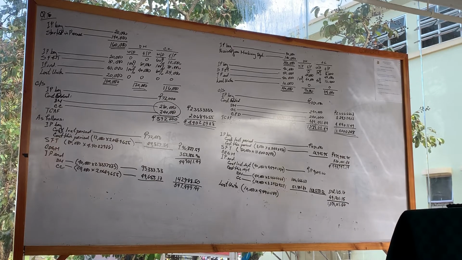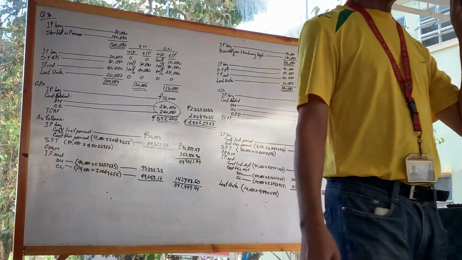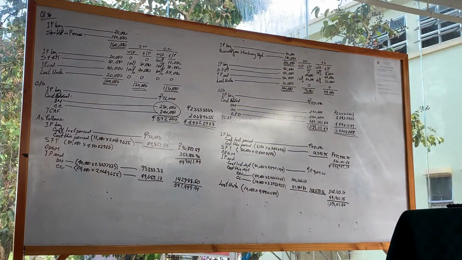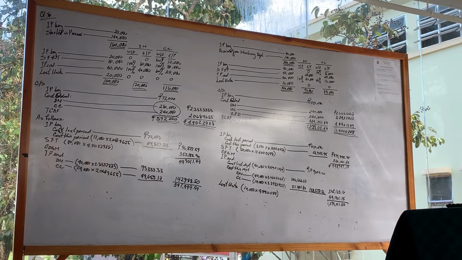Okay, one more thing. I failed or I did not fail. What I mean is, I instructed you last semester that with regards to materials, materials can also be applied during the process.